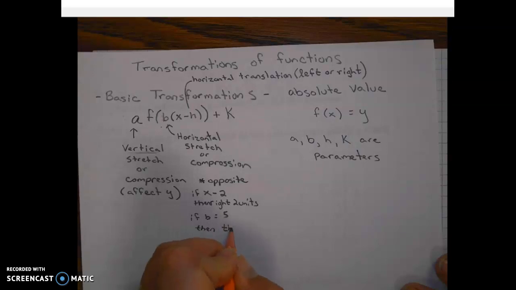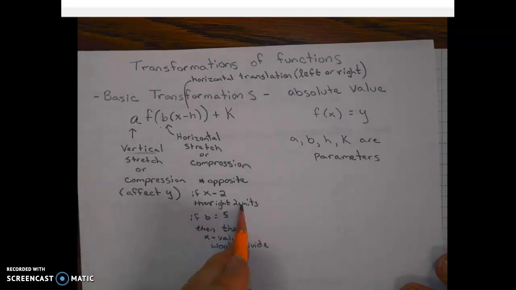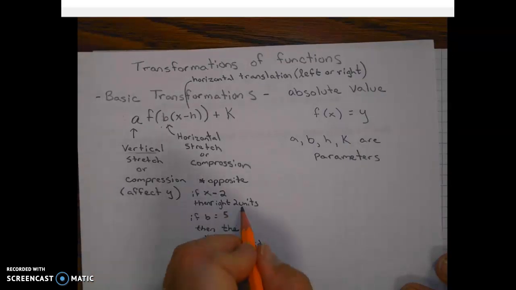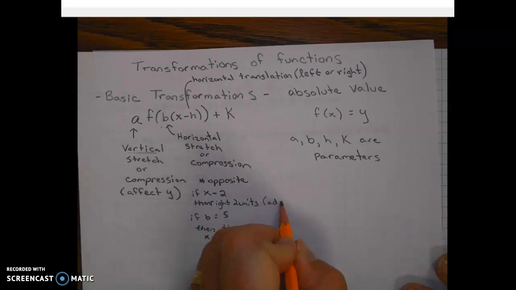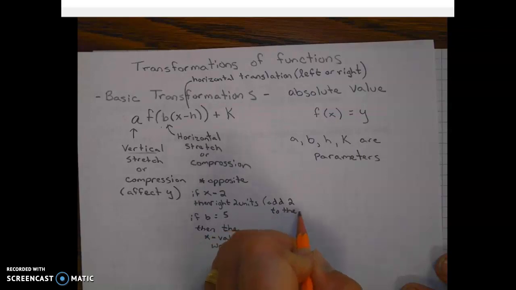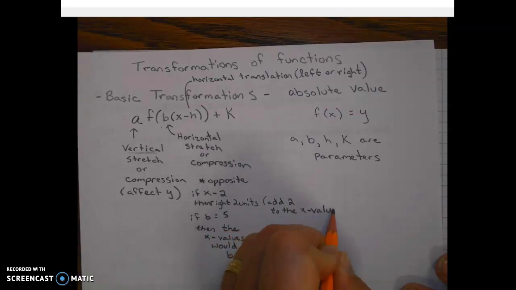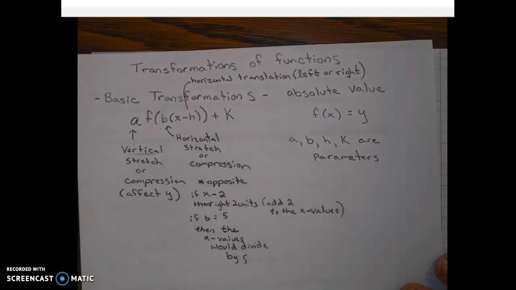The x values would divide by 5. Whereas up here, when we're moving right 2 units, we would be adding 2 to the x values. You're going to see what I mean by this in a little while. So just for now, write this all down.